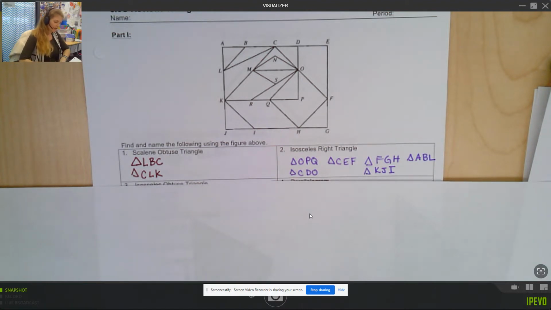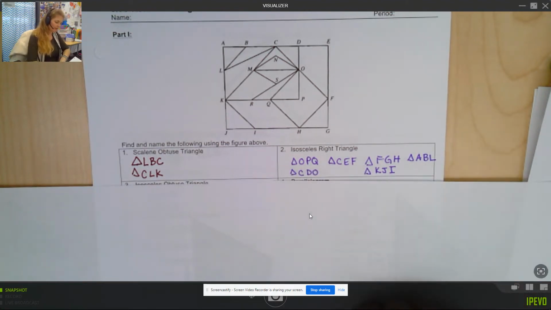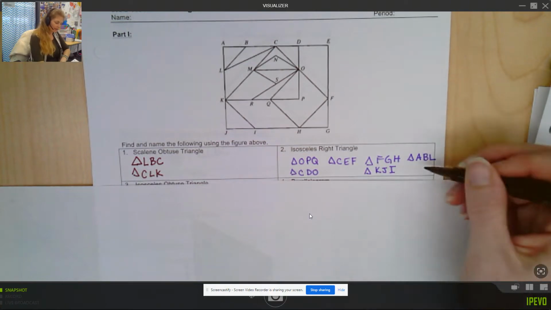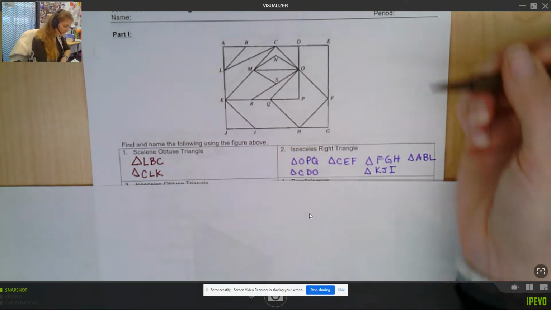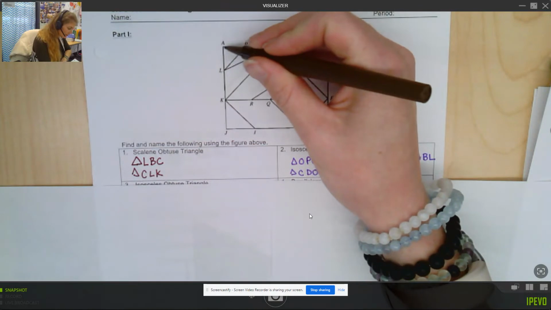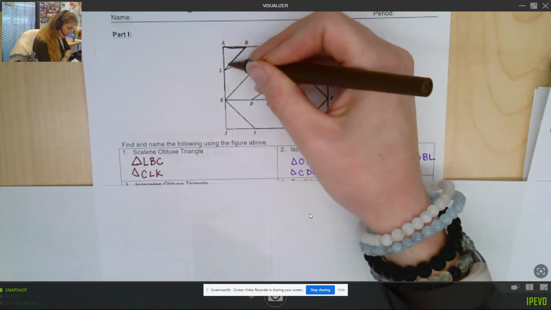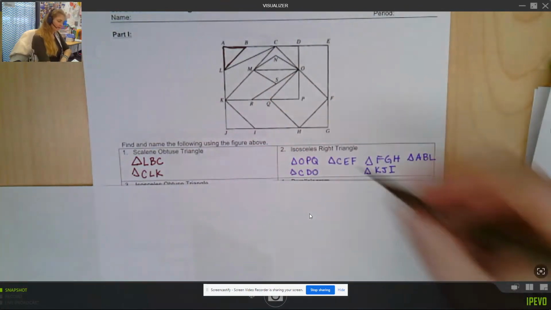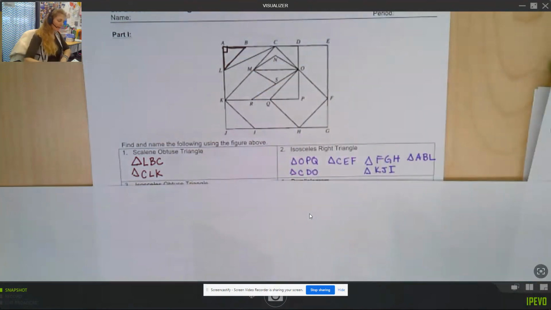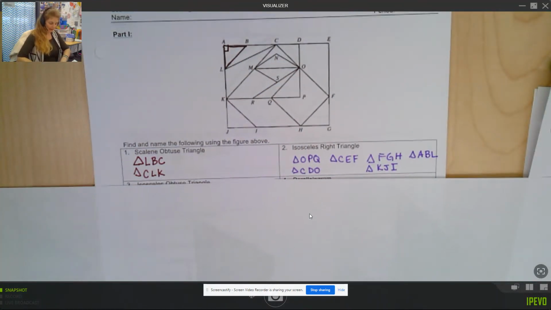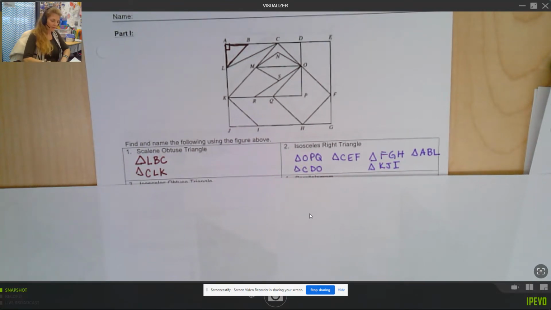These are some possible triangles. I'd like to highlight triangle ABL for you. So ABL here is isosceles and right. You can see that right angle, and isosceles is at least 2 sides are the same. So you could have all 3, but at least 2.